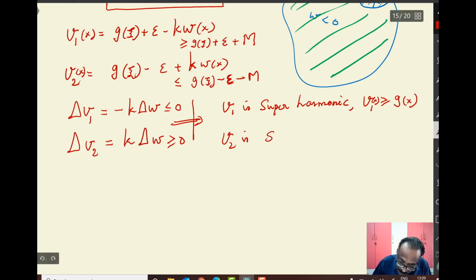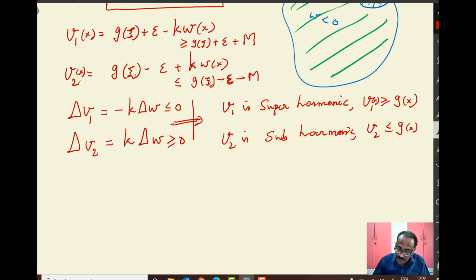So v2 is subharmonic and v2 is less than or equal to g. So v2 is in S_g, and −v1 is also in S_g. That's what you are using. v1 is superharmonic, so −v1 will be subharmonic, and −v1 will be less than or equal to −g. That fact we will not use.